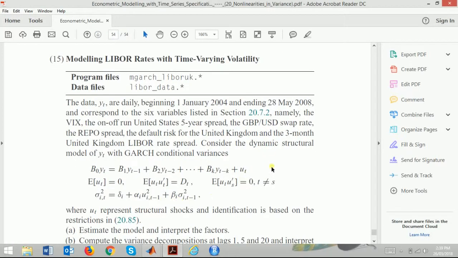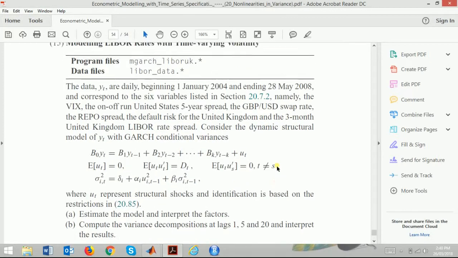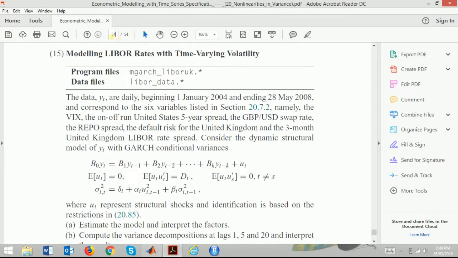Alpha u squared beta into D. All right, yeah, makes sense. 44.